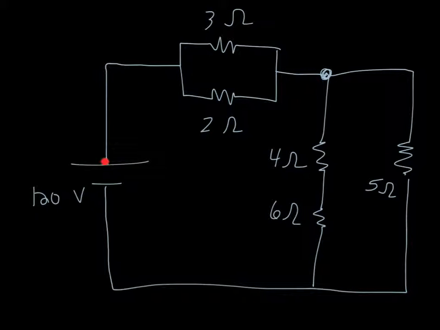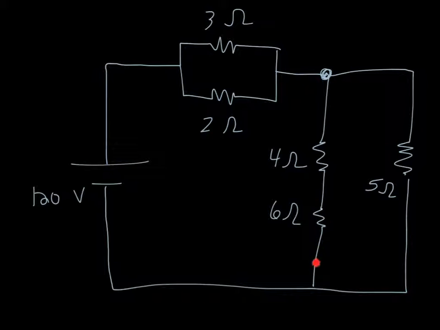Ready? Charge carrier leaves the positive terminal. Follow, follow, follow, follow, split. Right there. We all see that, right? That split means what? These are parallel with each other. Is that clear? Again, these are parallel with each other. Then they come back together. And then what do I notice here? Split.